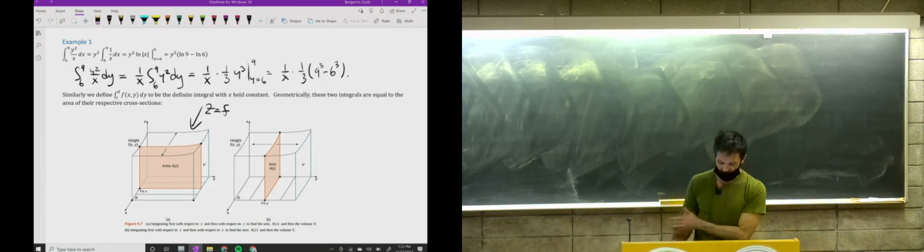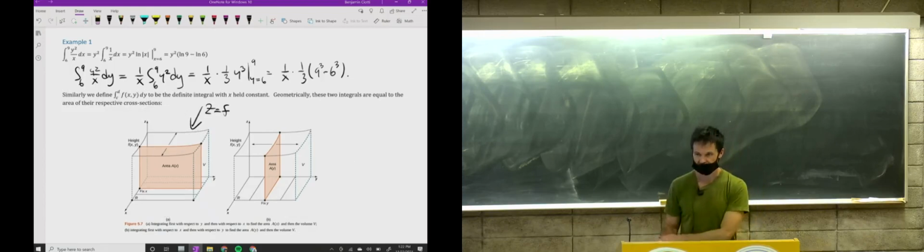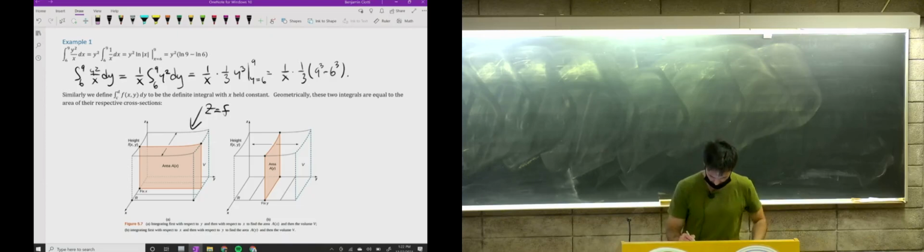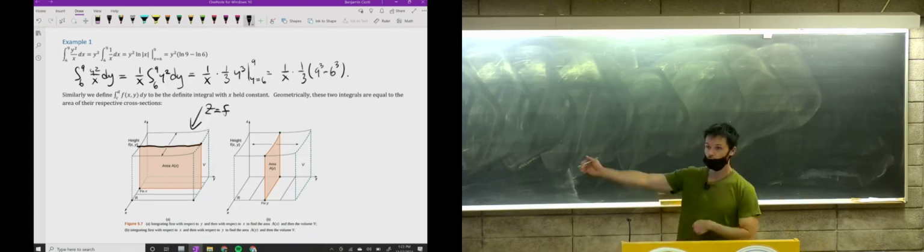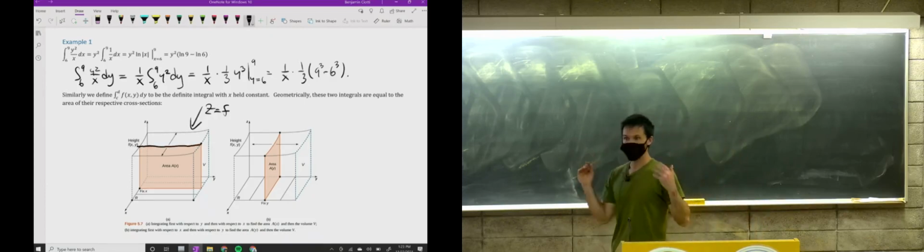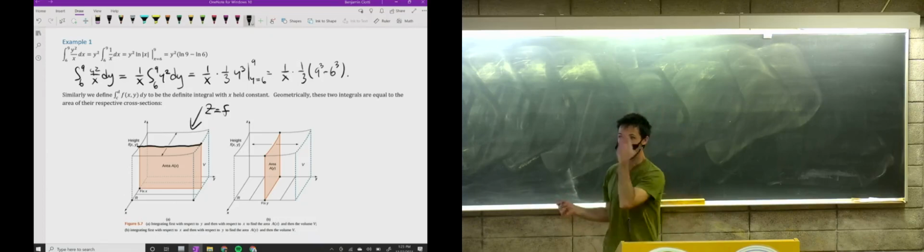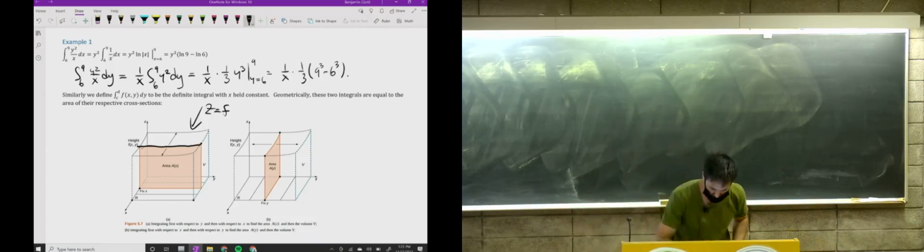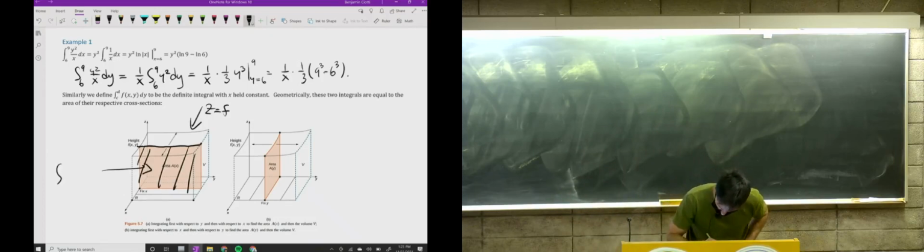Now, if you fix an x value, then you get a function which depends on y. And we already know from Math 10b that when you integrate a function, you get the area under that curve. So that will give you this area. This area would be the integral from c to d of f of x, y, dy.